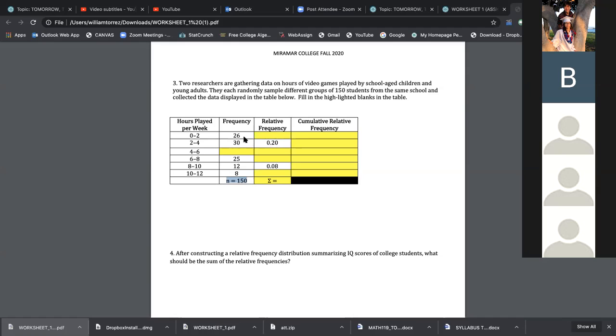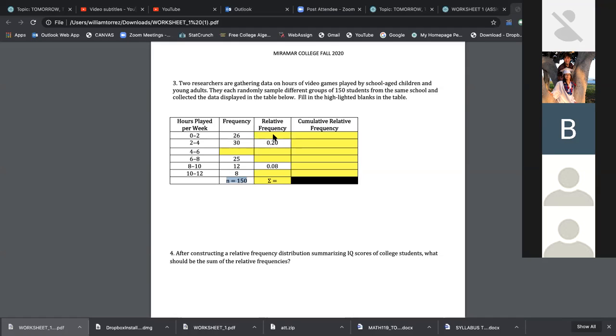Now, how would you fill in this blank here? This first blank on top. You would divide 26 by 150, and then whatever you get is your relative frequency. That's right. And just for fun here, let's take out our calculators and divide 26 by 150, and we get 0.173333.